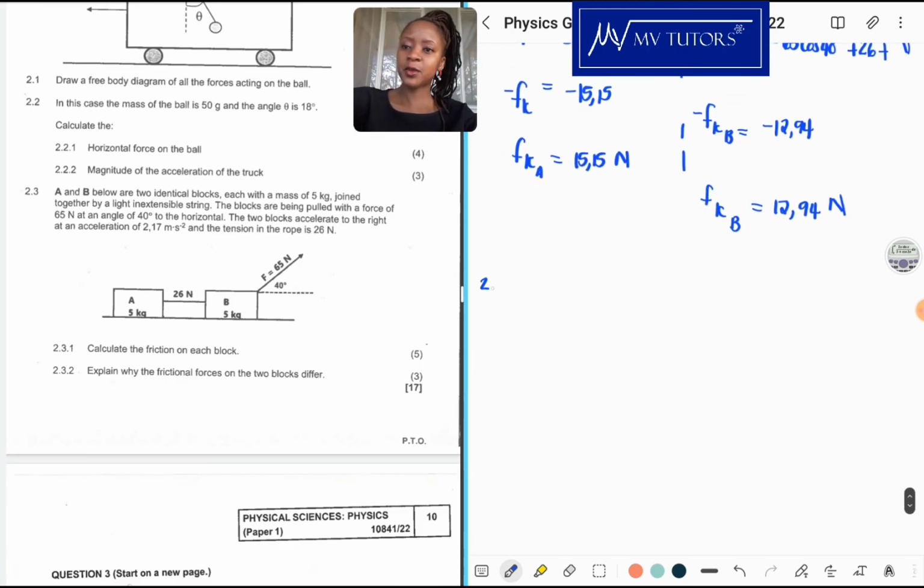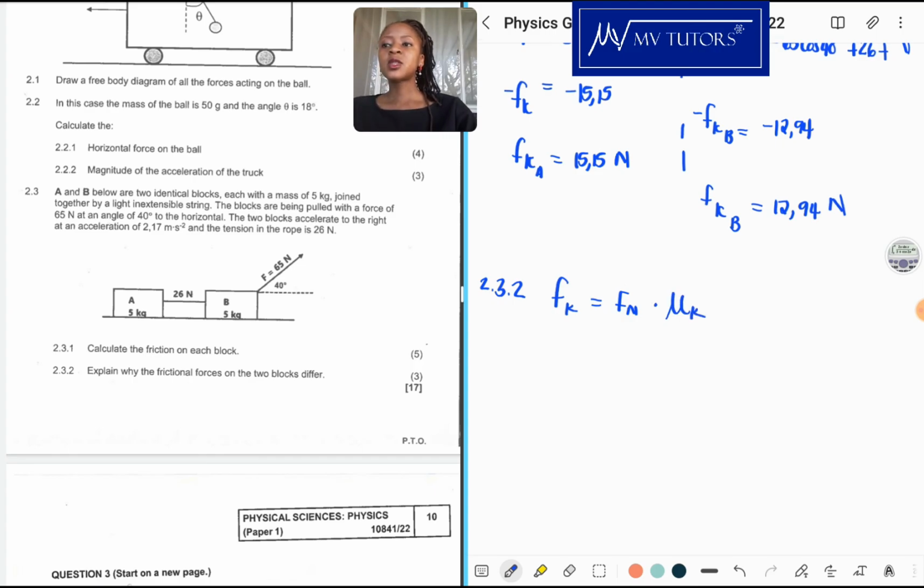And then the final question, 2.3.2, says explain why the frictional forces on the blocks differ. Remember what the frictional force formula is. In this case, it's kinetic friction and not static. So it's basically your normal force multiplied by the coefficient of friction.